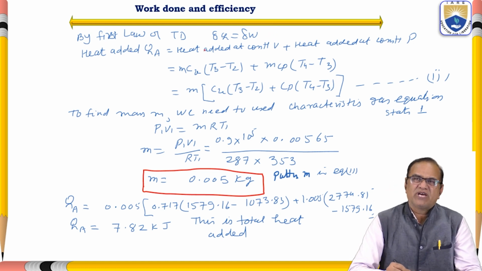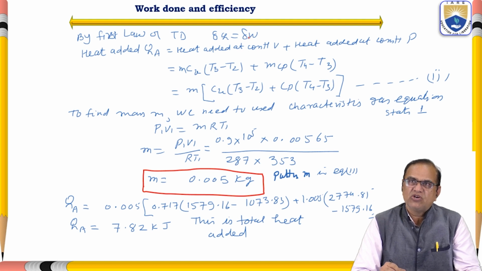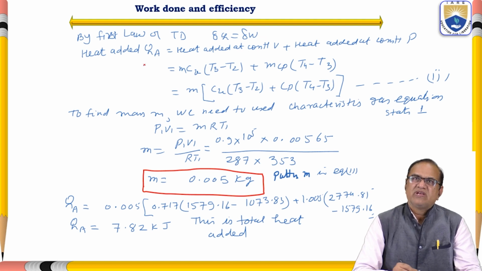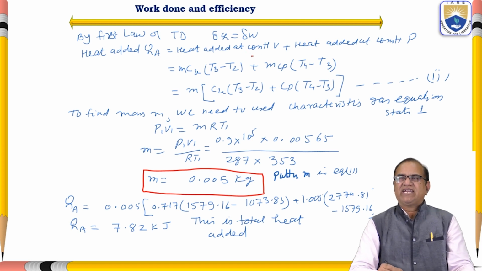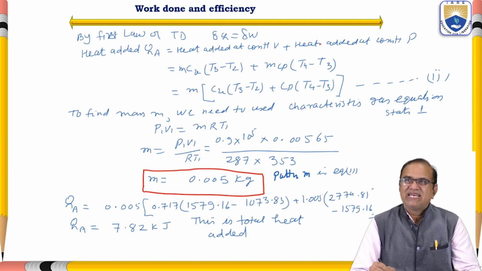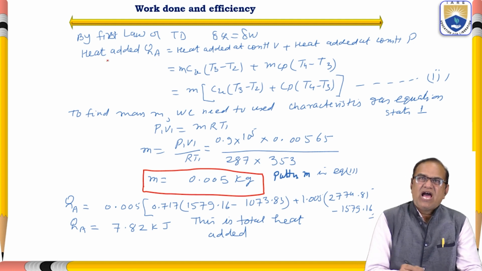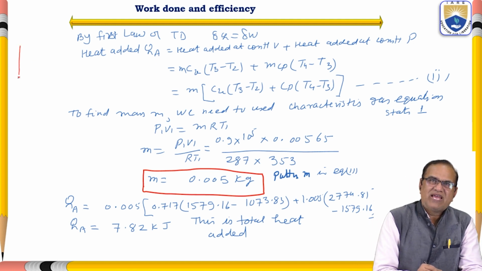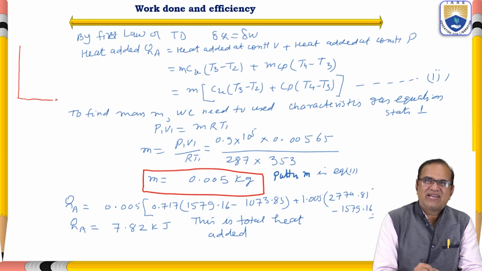By the first law of thermodynamics, del Q is equal to del W. Heat added QA is equal to heat added at constant volume plus heat added at constant pressure. I will draw a small PV diagram, it will be easy if we draw the diagram and then explain.